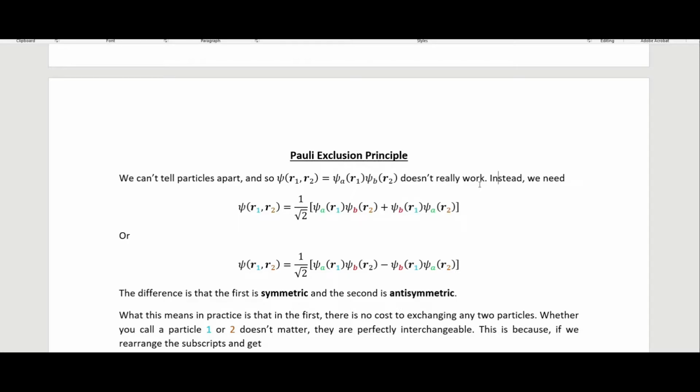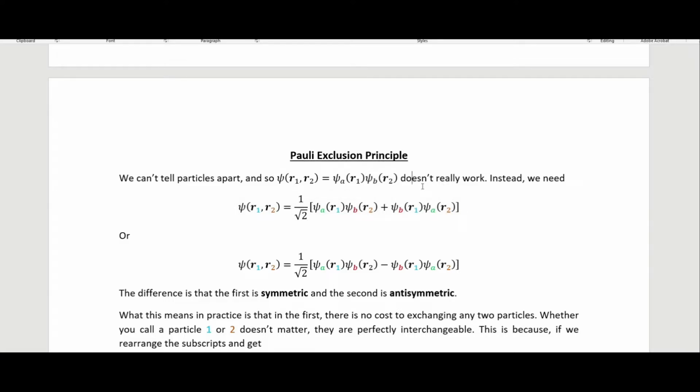There's sort of a scientific and even a philosophical problem with this, about the fact that any 2 electron particles are indistinguishable from each other. And so this doesn't really work, because we can't paint a sign on the first particle saying this is particle 1, and a sign on particle 2 saying this is particle 2.